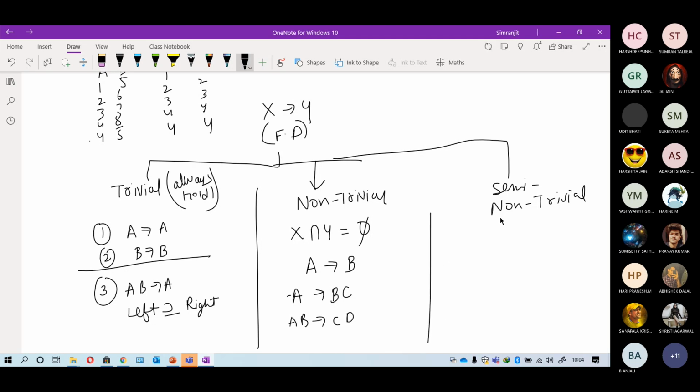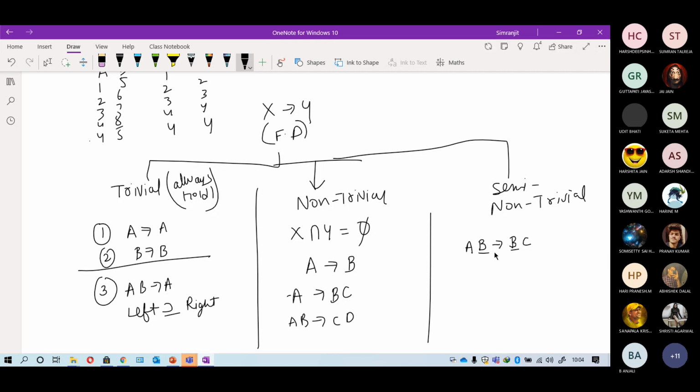Now semi non-trivial rarely occurs, but still this is a type that has trivial and non-trivial both inside it. The example will be AB tends to BC. You're seeing here, B is repeated, some element is common.